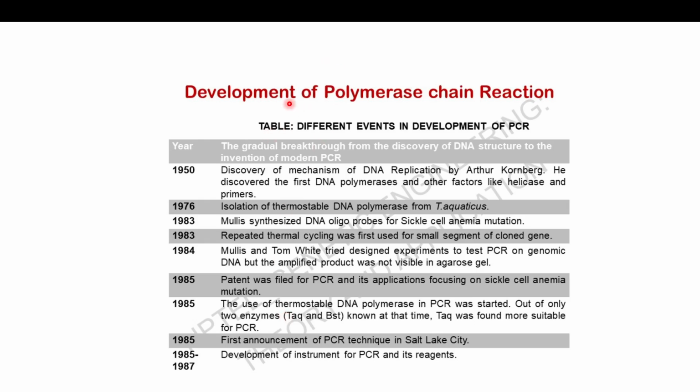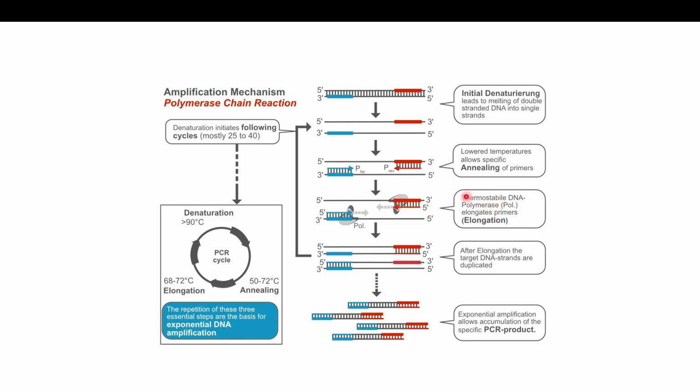Now this is a basic history of how PCR was developed. The very first DNA replication mechanism was discovered, then different associated factors were discovered, then thermostable DNA polymerase was discovered, because any other polymerase, being a protein, can get denatured at high temperature.